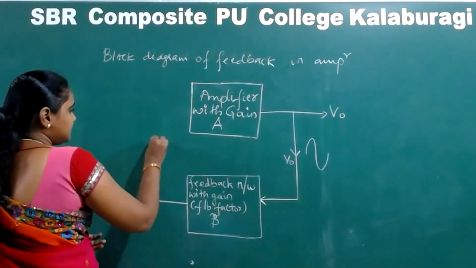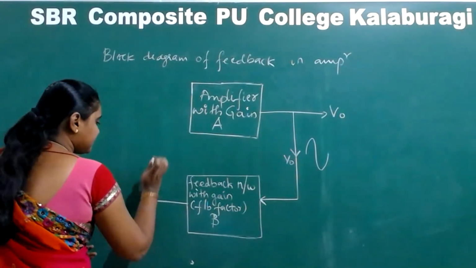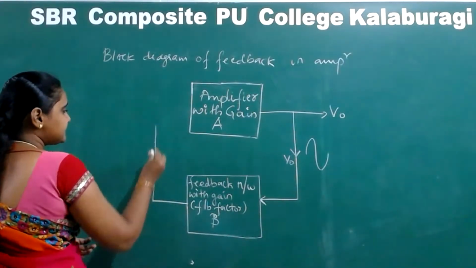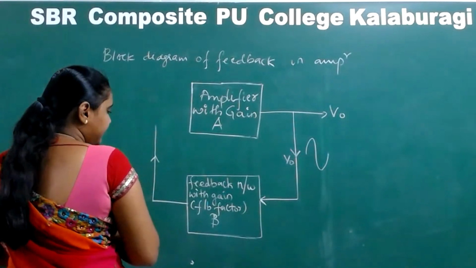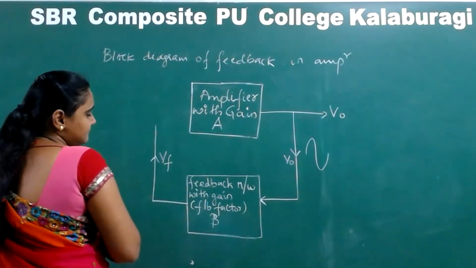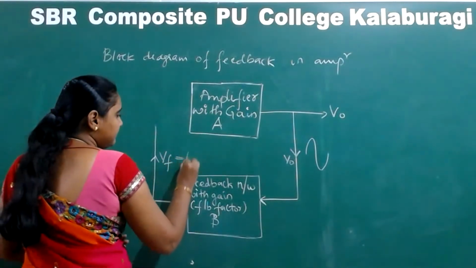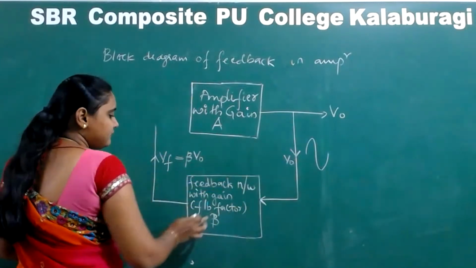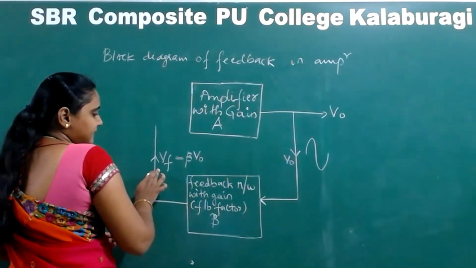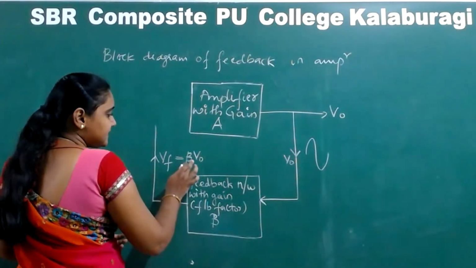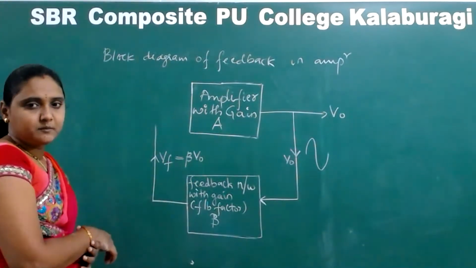Next, it gives a feedback signal, written as Vf, and it is given by beta times V naught. So the factor by which the output V naught is made into a feedback signal is the feedback factor beta.